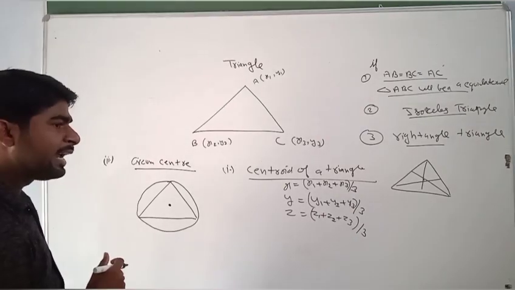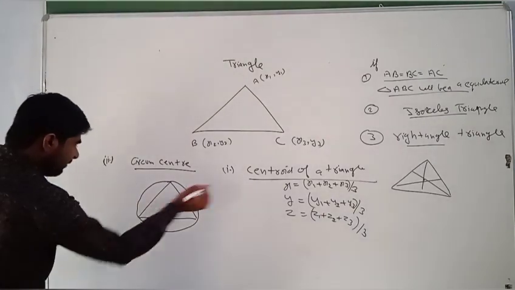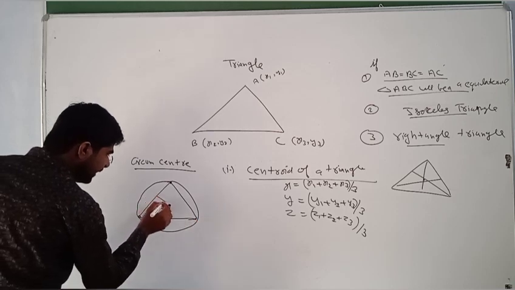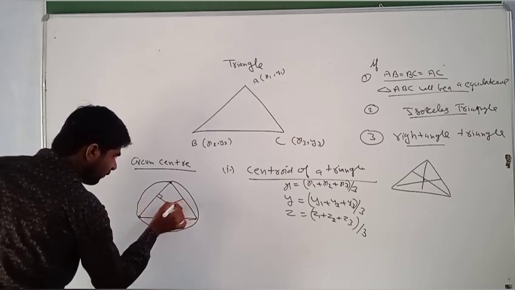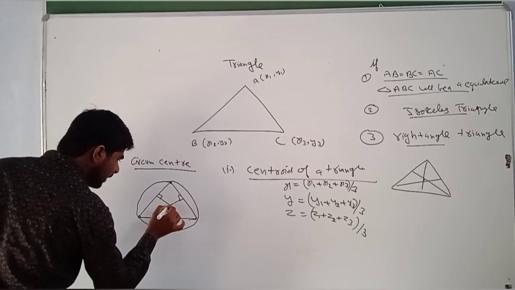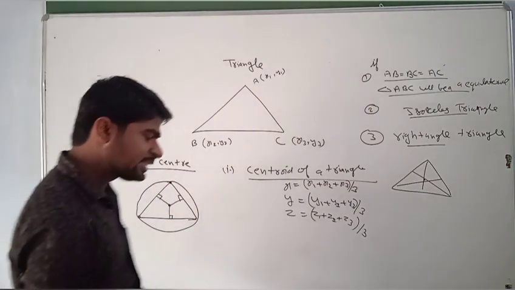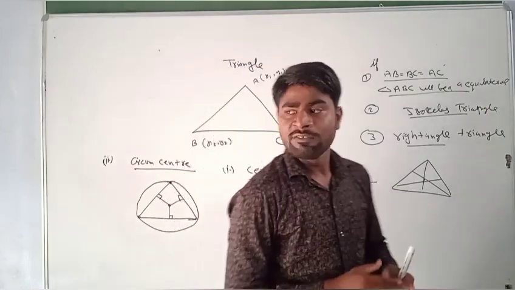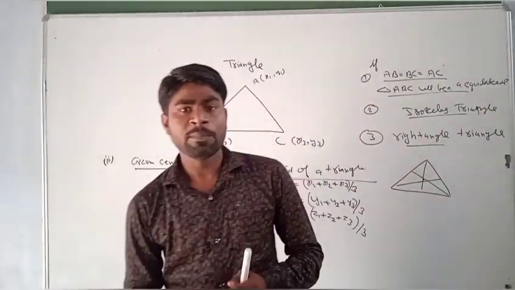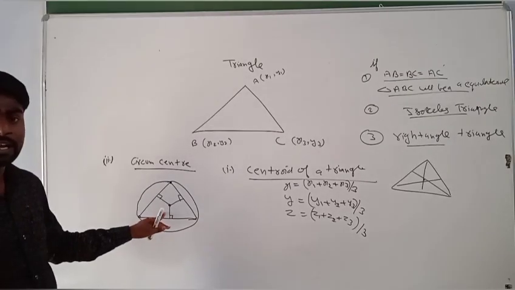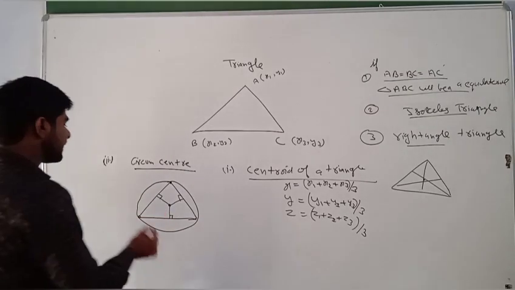And how do we get it? It comes from the perpendicular bisectors of all three sides of a triangle. So the circumcenter is the point where all the perpendicular bisectors of the sides of a triangle meet.